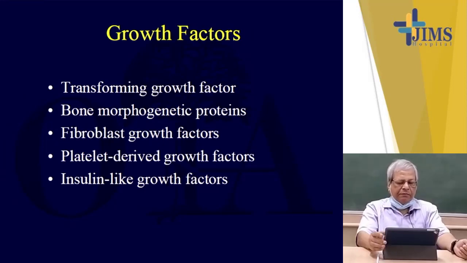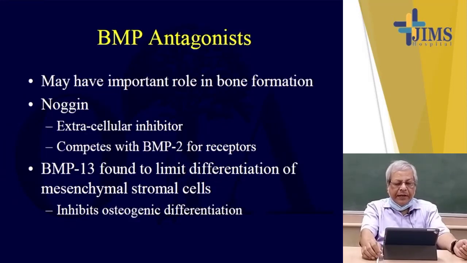The only problem is they are very expensive. There are some BMP antagonists also. These are called noggin and extracellular inhibitors.